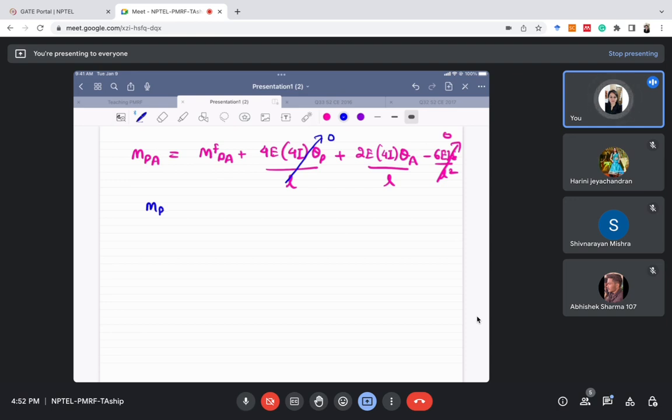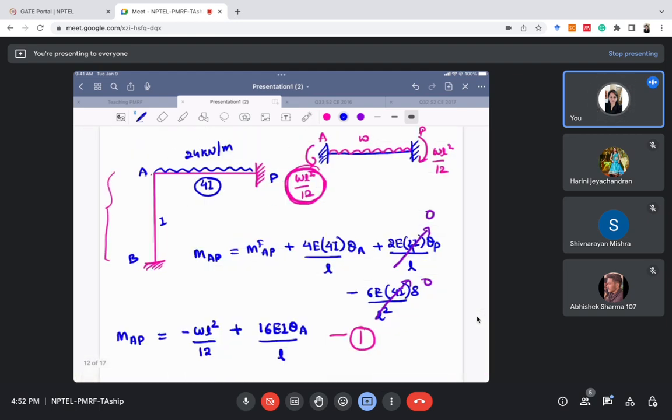So MPA will be equal to, what is the value of MFPA? MFPA is WL square by 12, but here it is plus WL square by 12. Why? Because it is in clockwise direction, right?